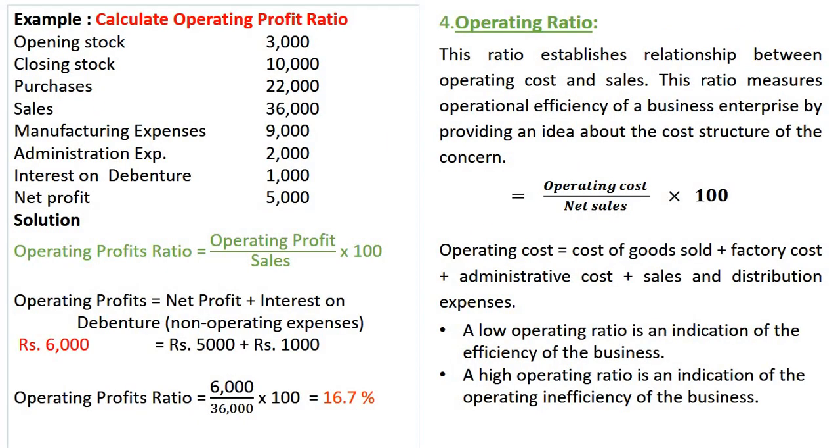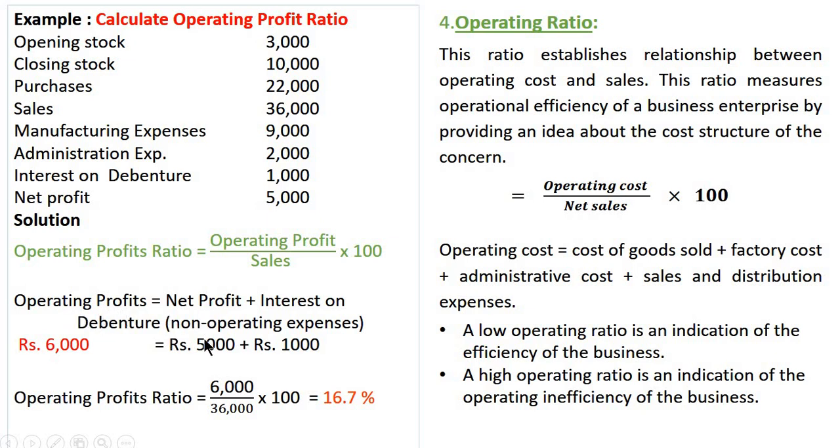Let us understand the calculation of operating profit with an example. Opening stock, closing stock, purchases, sales, manufacturing expenses, administration expenses, interest on debentures and net profit information are given. Here manufacturing and administration expenses are operating expenses and interest on debentures is a non-operating expense. The formula for operating profit ratio is operating profit divided by sales into 100, and operating profit is ascertained by taking net profit.